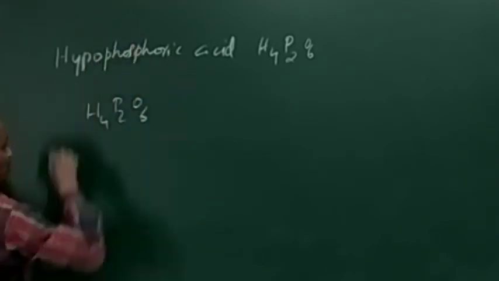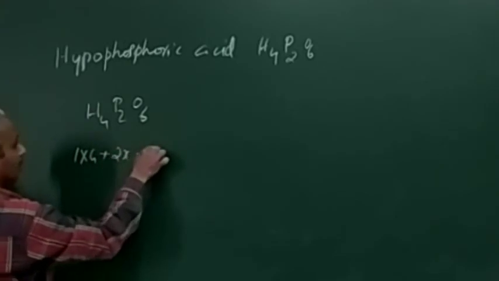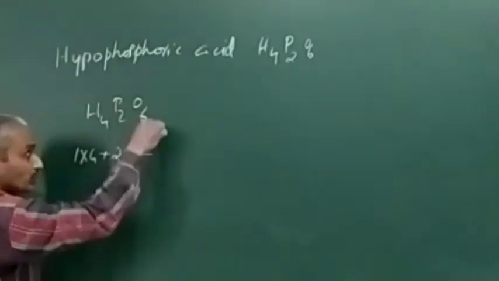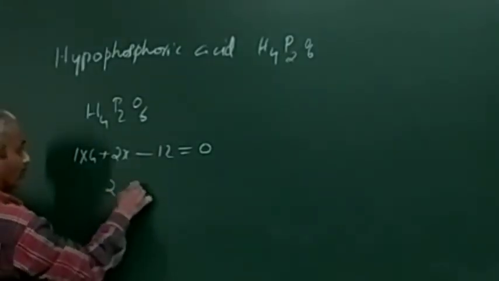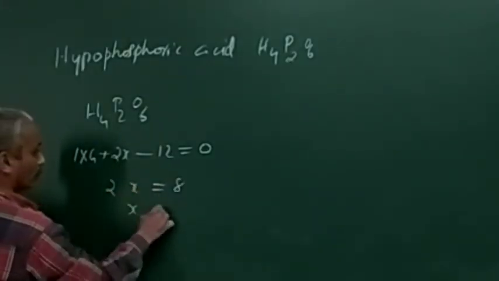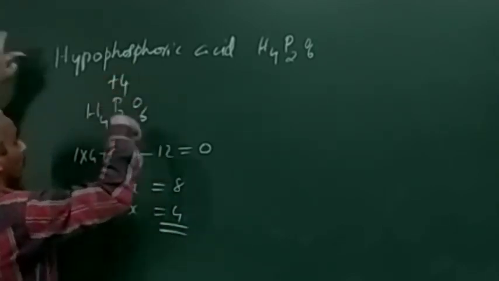H4P2O6 oxidation state: 1 into 4 plus 2x plus minus 2 into 6 is 12 equal to 0. 2x equal to 8, x equal to 4, means oxidation state is +4 here for the phosphorus.